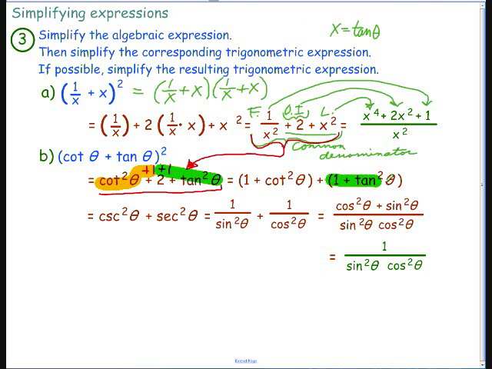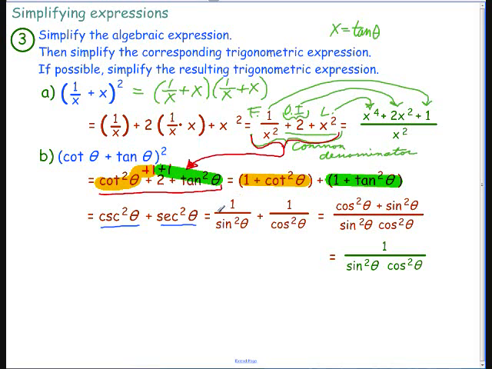So there's that one, and there's that one. And I can use my Pythagorean identities to finish this up, right? This is equal to cosecant squared, and this is equal to secant squared.